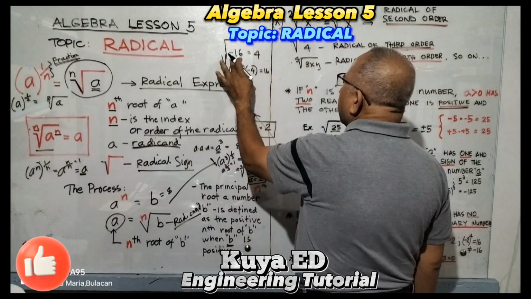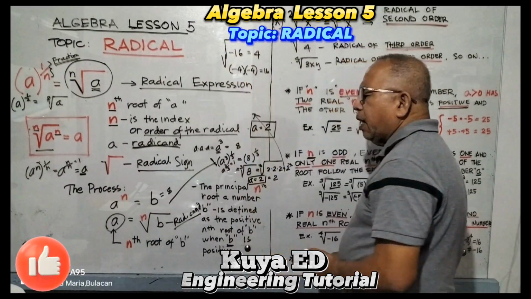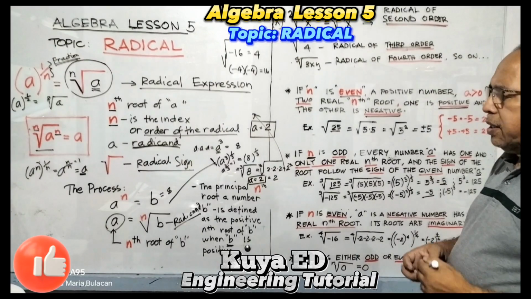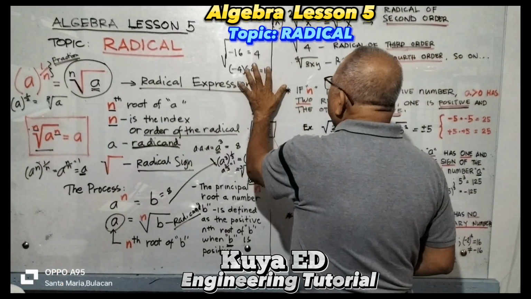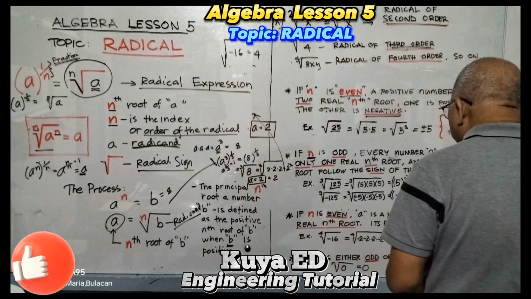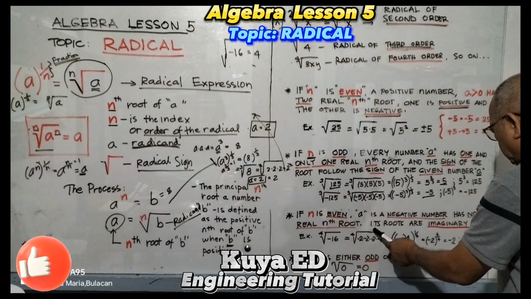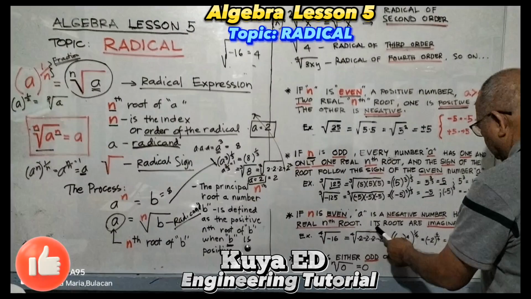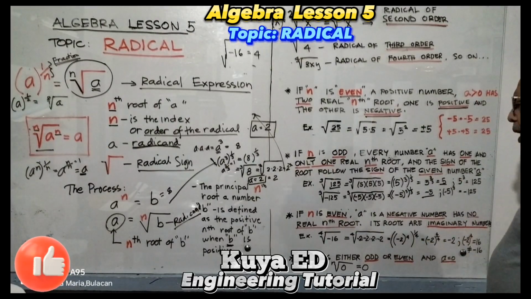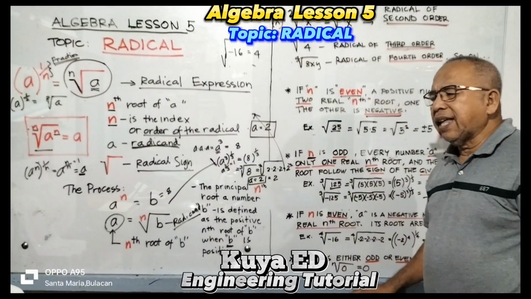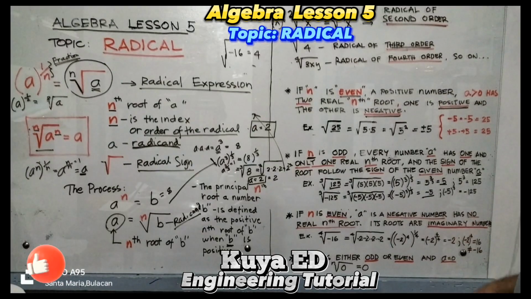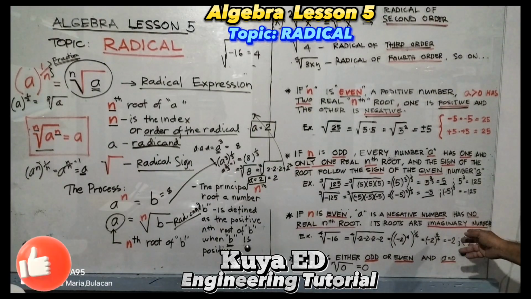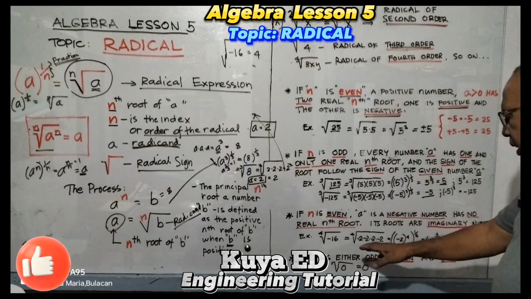Kasi hindi siya babalik sa negative side. So, therefore, ang tawag natin dyan, base sa definition, its roots are imaginary. So, actually, yung imaginary number, iti-tick up natin later. So, dito muna tayo. So, ngayon, nililimit natin.